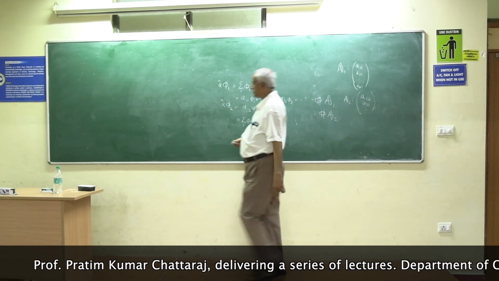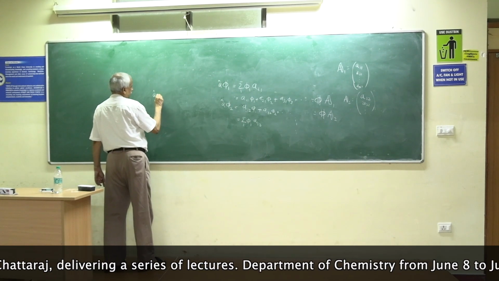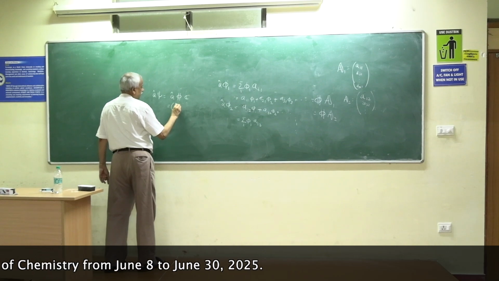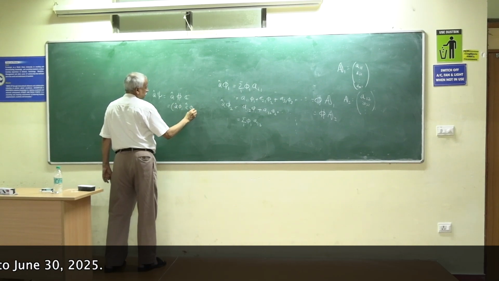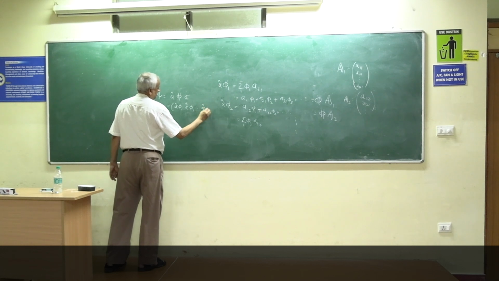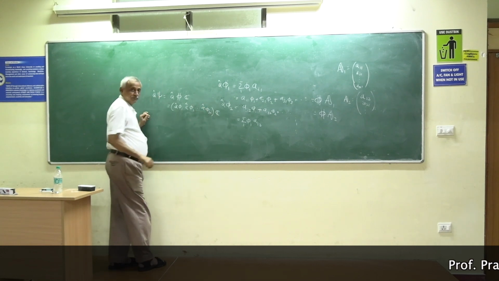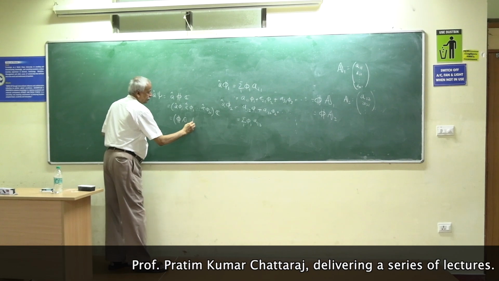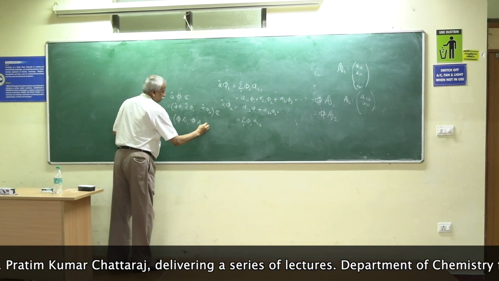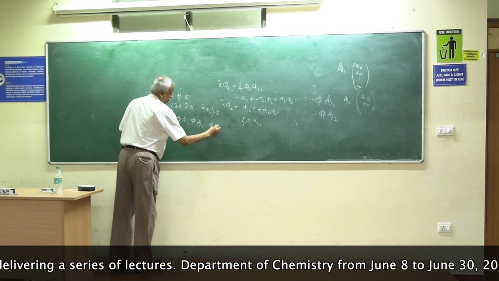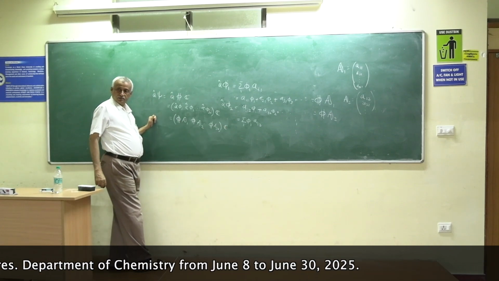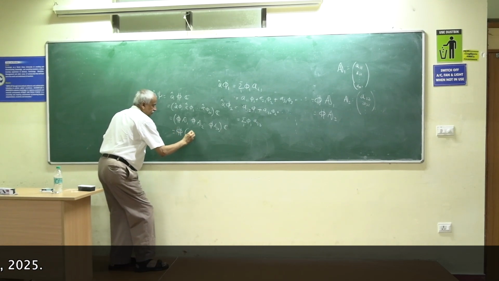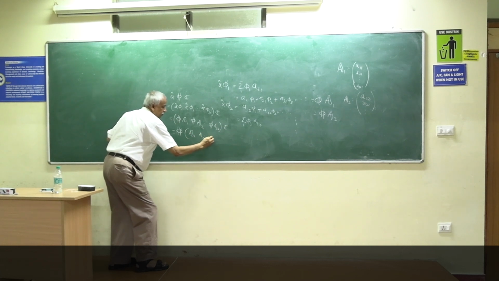Right? So now you can see your A psi, remember, is A phi C. This is your A phi 1, A phi 2, A phi 3 and C. Your A phi 1 now I can write as phi A1, phi A2, phi A3 and C. This I can write as phi into A1, A2 up to A3n.